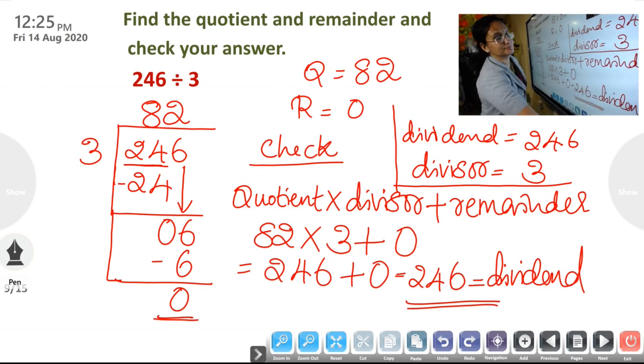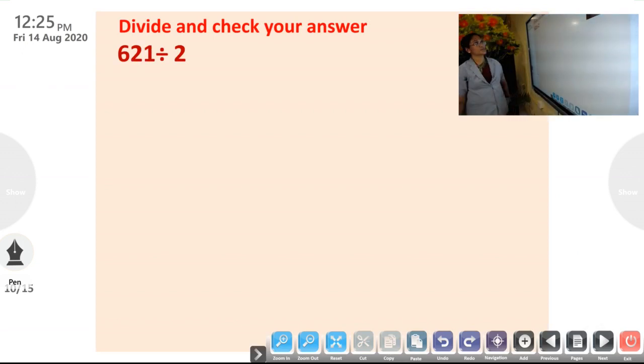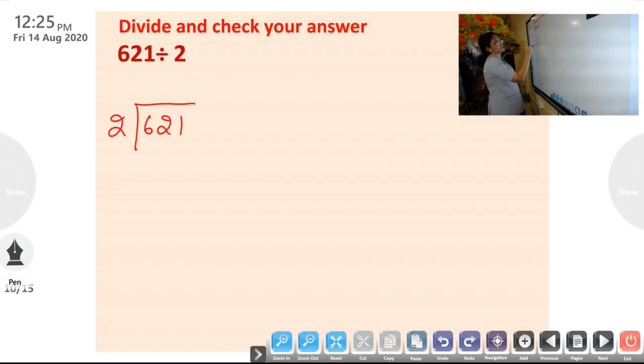Now next question. Divide and check your answer. 621 divided by 2. Okay, so let us start doing. 621 divided by 2. Start from the left side. First 6 divided by 2. What is 6 divided by 2? 3 2s are 6.